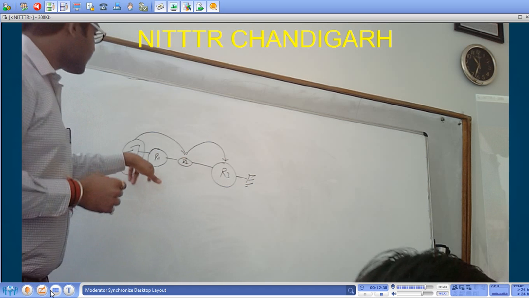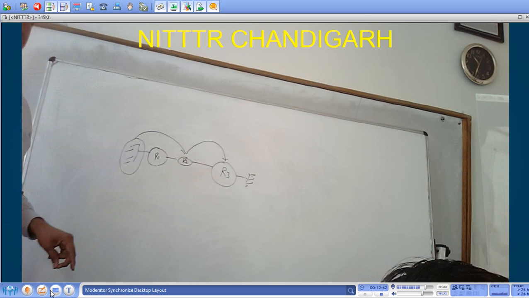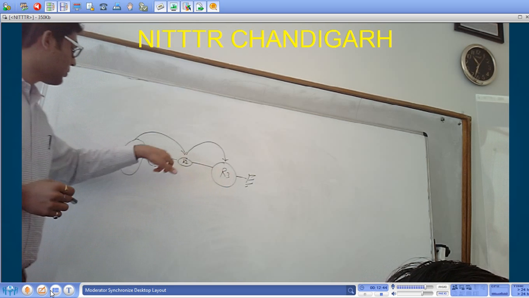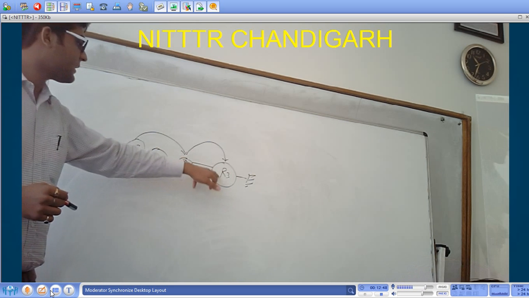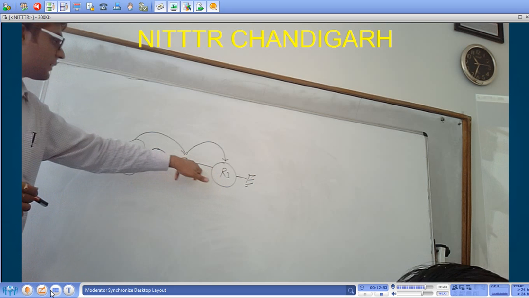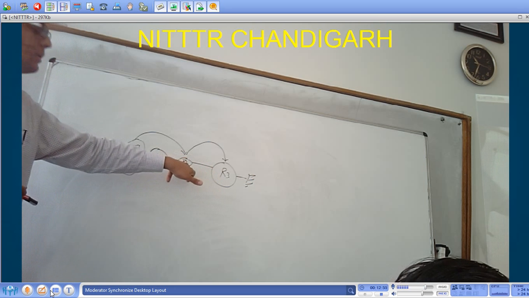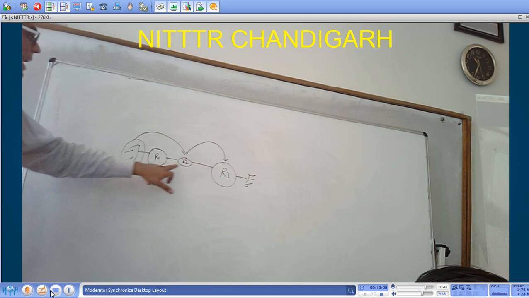Now why routing by rumors? Because R3 will believe that R2 has given it the routes. If it wants to reach R1 or the network behind router 1, it will send the traffic to R2, and from R2 it will go to R1, and from R1 to the network behind it. This is routing by rumor.